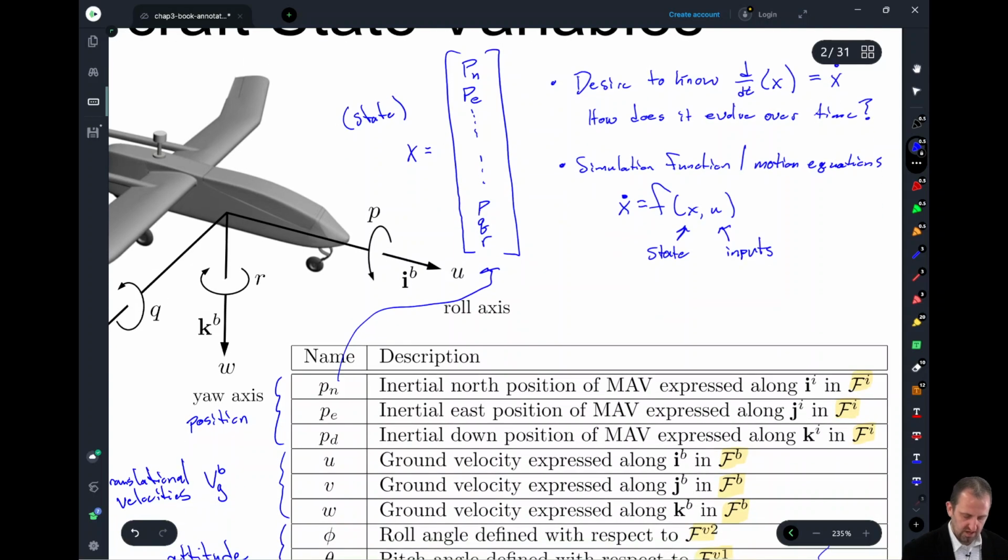Okay, so we've already defined what our state is. What are our inputs? Over this chapter, chapter 3, we're going to say that our inputs are defined as just our forces and our moments.